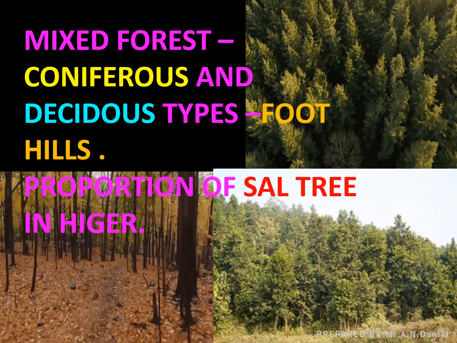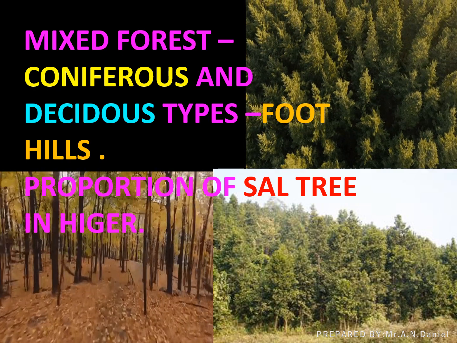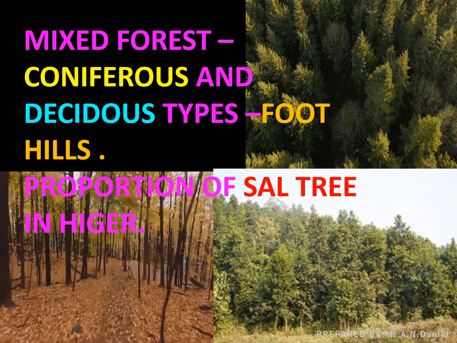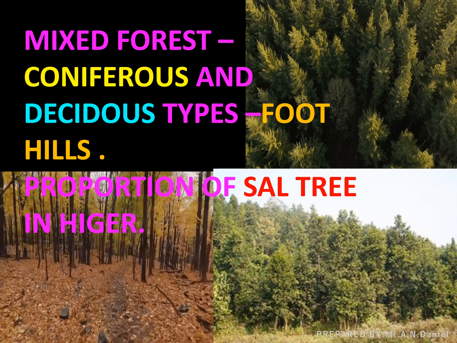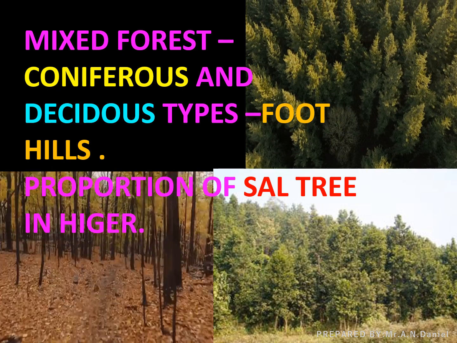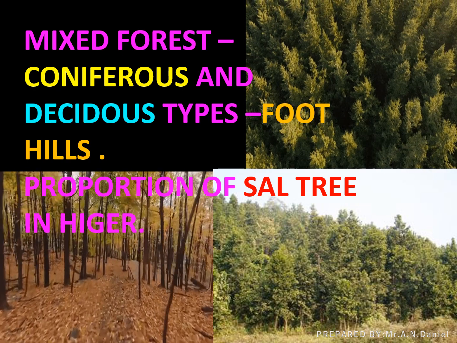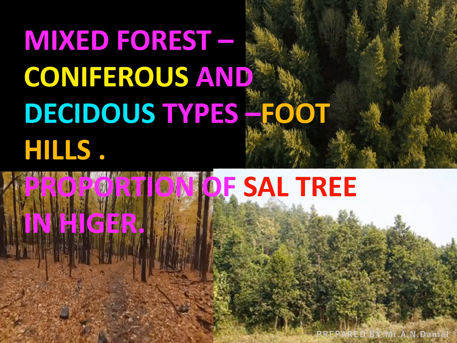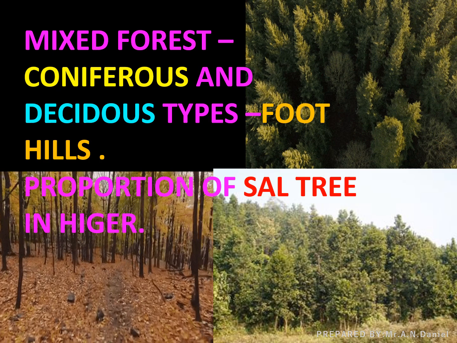Two types of forest, coniferous forest and deciduous forest types of trees, are found in the lower altitude or foothills of the Himalayan region. In these foothills, the proportion of salt tree is higher. Salt tree is found in large quantity in the foothills of the Himalayan region.